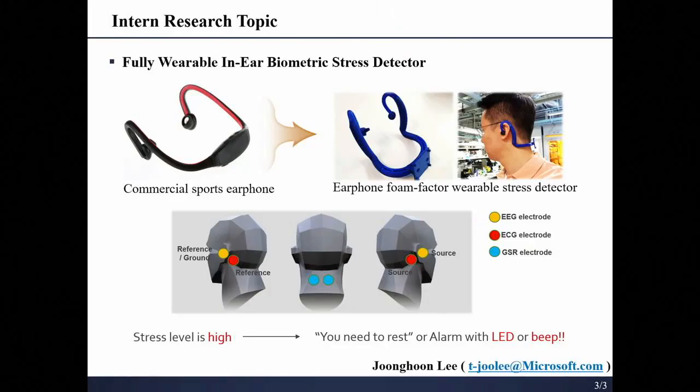So I tried to make a fully wearable in-ear biometric stress detector, and I used an earphone-type form factor, as I mentioned above. Especially, I was motivated by the sporty type of commercial earphone, because this type of earphone has a lot of contact areas on our head, and it can stably fix the device on our head.